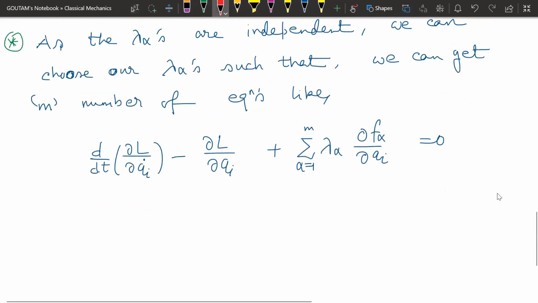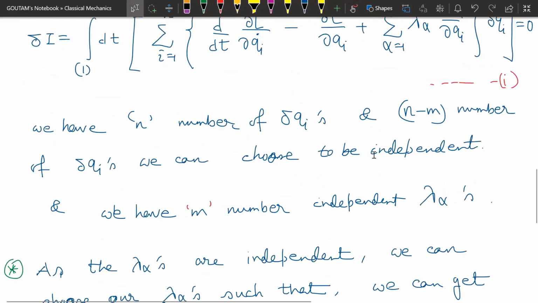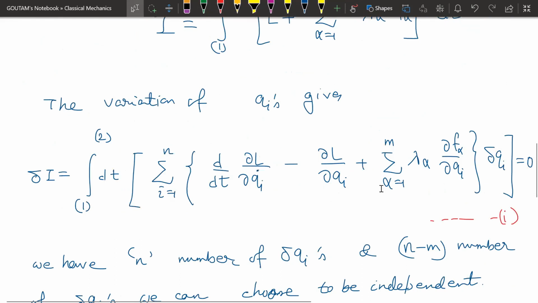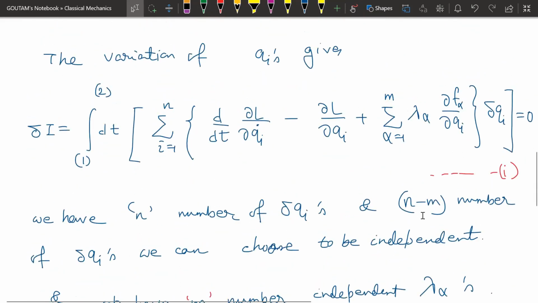So m numbers, and the rest n minus m numbers, these will be 0 because those n minus m number of delta Qi's are independent. So because of that, the rest of the equations, the n minus m number of equations, will be 0.